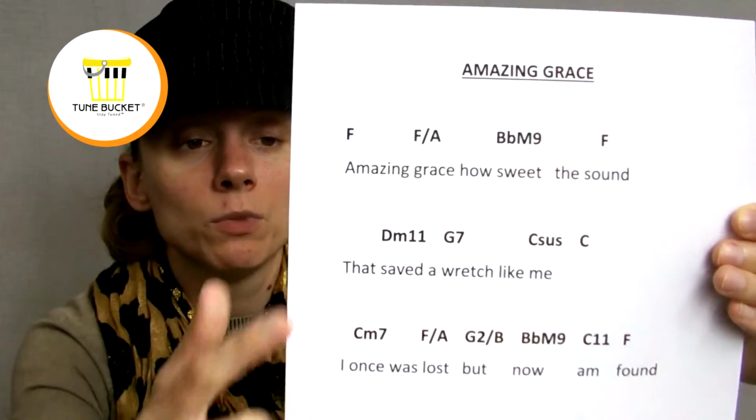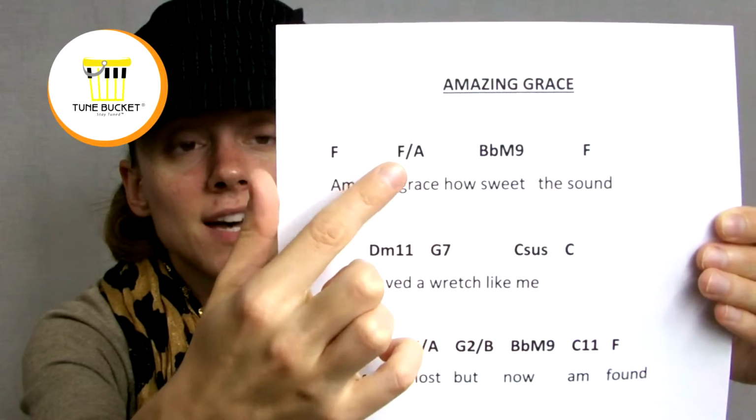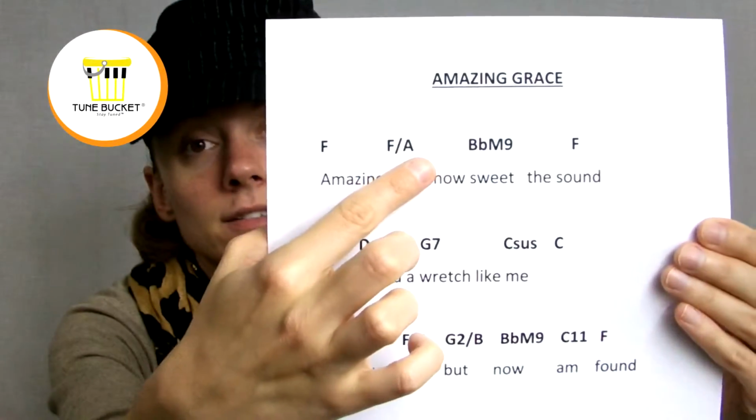And then once again, when you see a split chord like this, the left side is what your right hand or the guitar would play, and the right side, where the A is, would be what the bass player would play, or your left hand. And if you're an organ player and you're playing the foot pedals, remember, only play the foot pedals.